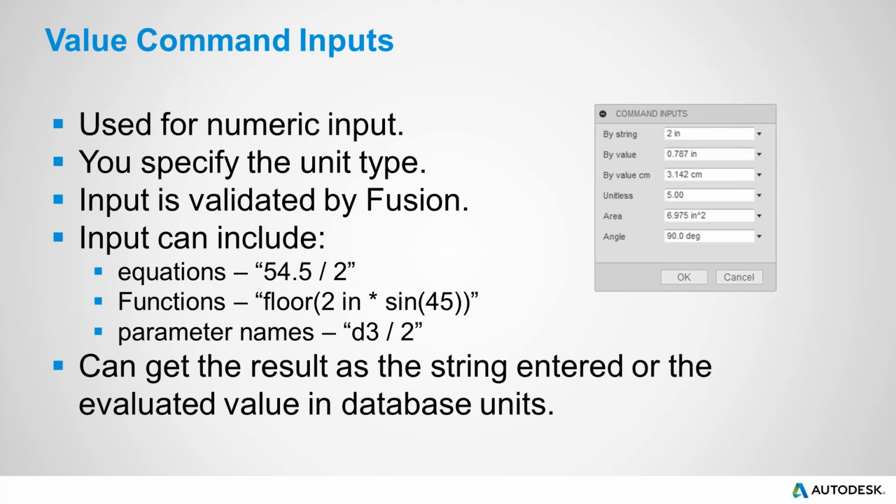So any of these, if I ask for the value of it, the top three would be returned in centimeters. The unitless one I'll just get that value, so I would get 5 in this case because there is no conversion. The area I would get back in square centimeters, and the angle I would get back in radians.